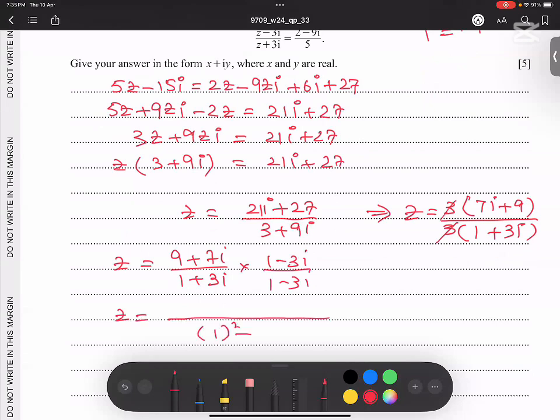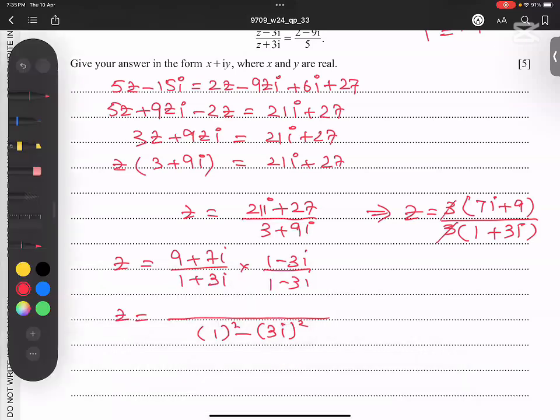So down I got the square of 1 minus the square of 3 iota. 9 multiply with both: 9 ones are 9, 27 iota plus 7 iota, minus 3 sevens are 21 iota square. I missed the 7 iota.